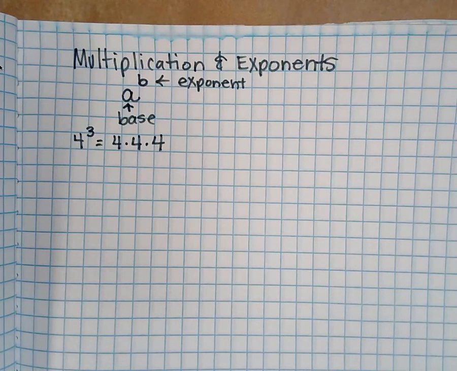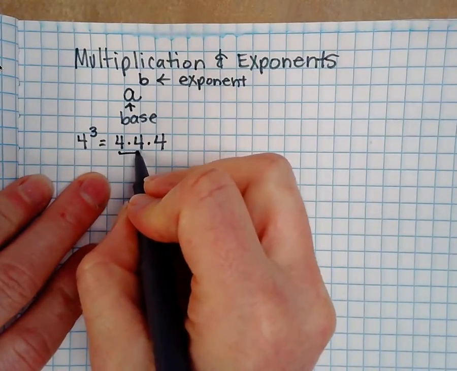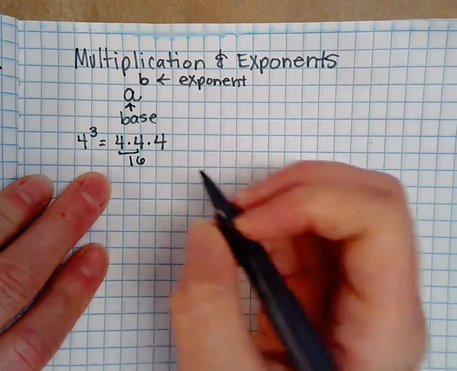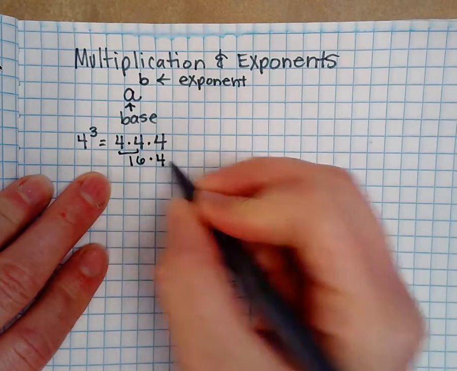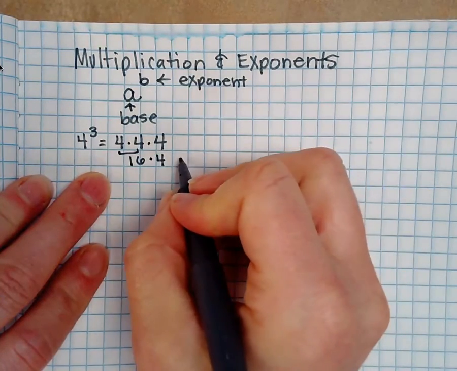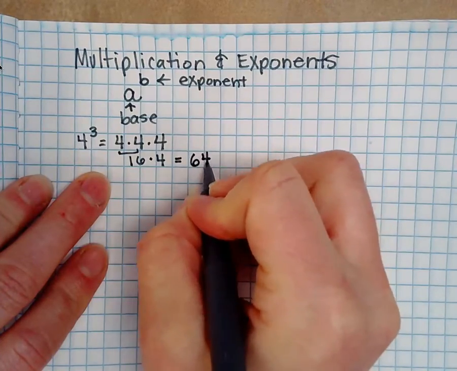We can use the calculator for this, of course, or we can break it down into smaller problems. So 4 times 4 is 16, and then you do times 4. 16 times 4. Do y'all know what that is? It's 64, actually.